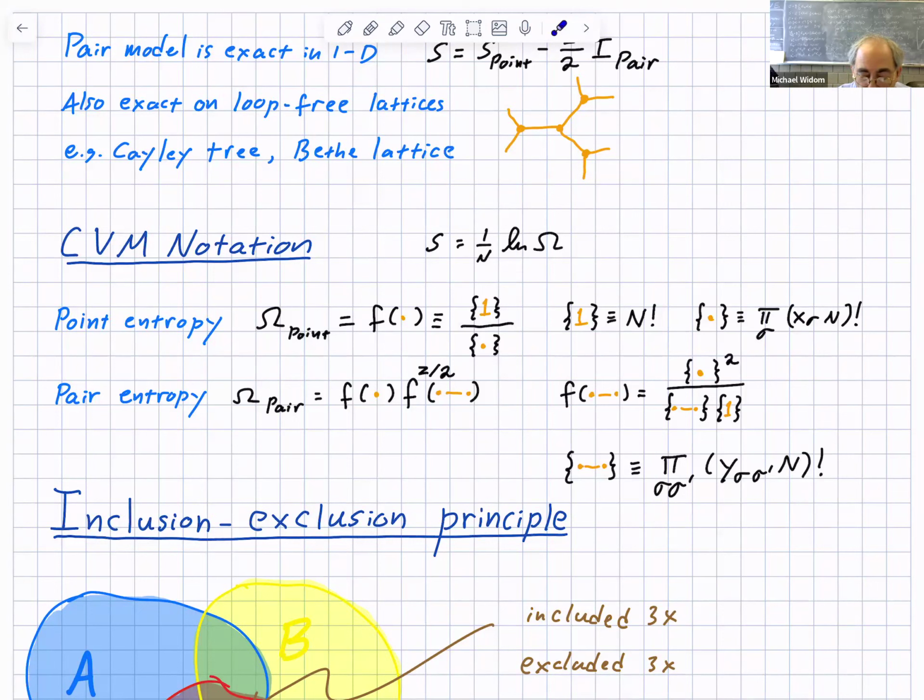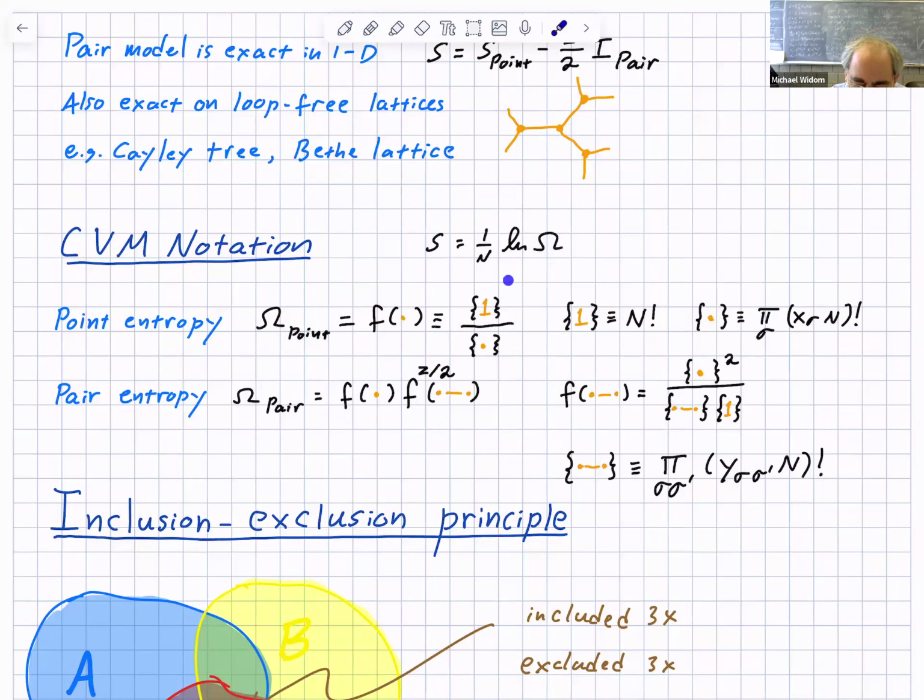I'm going to write the number of configurations omega in terms of products of functions that I call f. And there is a function f associated with single points. There's a function f associated with pairs. And you'll see that there are functions f associated with other clusters as well.